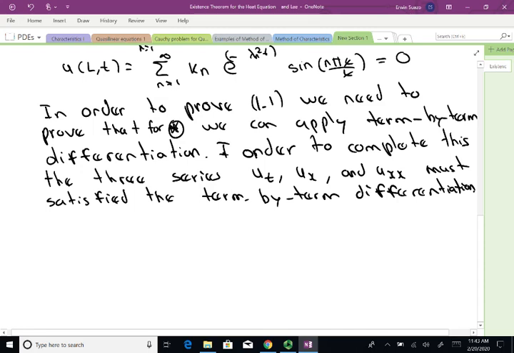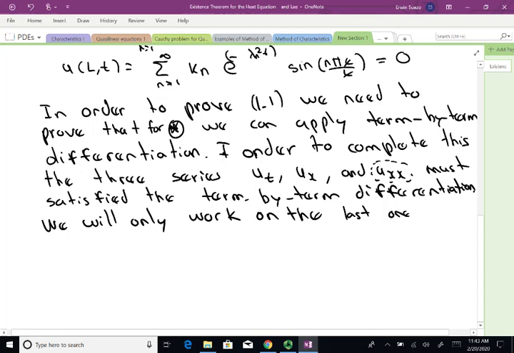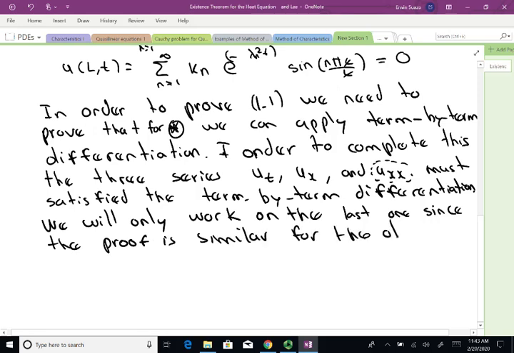So we will only work on the last one, since the proof is similar for the other two. Okay.